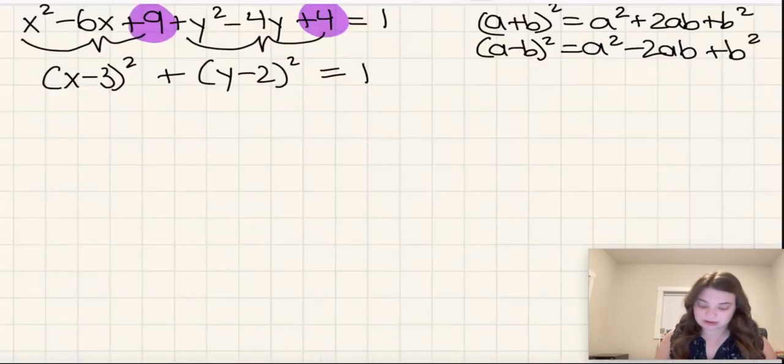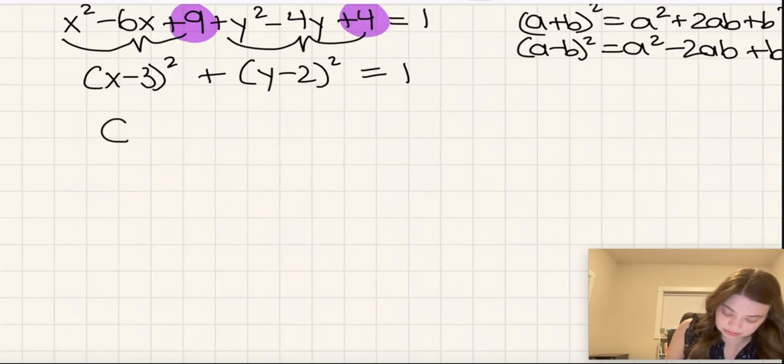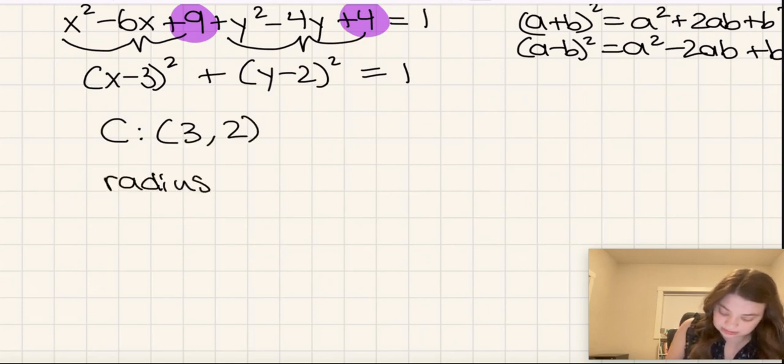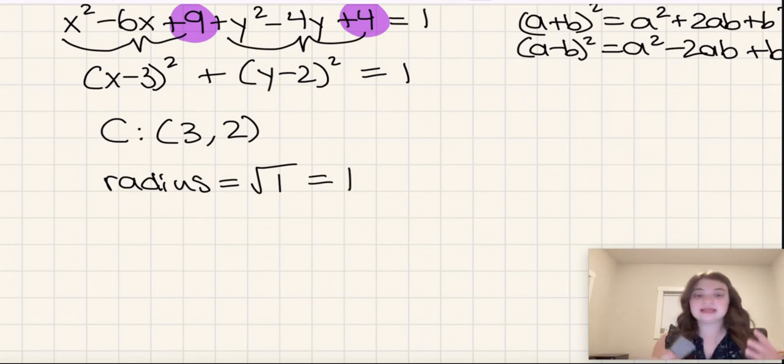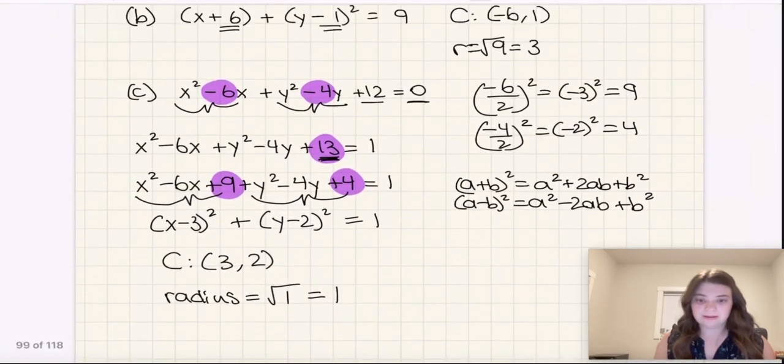So going back to this question here, that means the center is going to be (3, 2) and the radius is going to be equal to the square root of 1, which is equal to 1. So therefore, the center is (3, 2) and the radius is 1 for that third equation there.